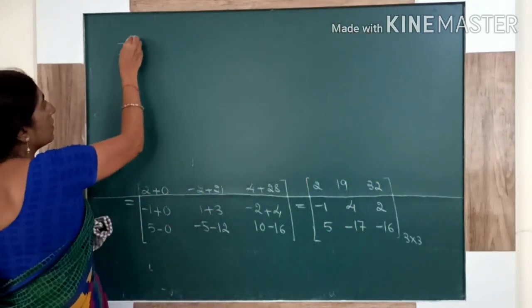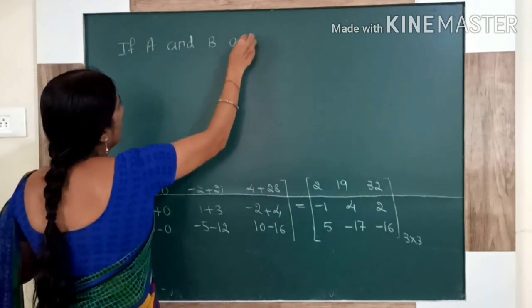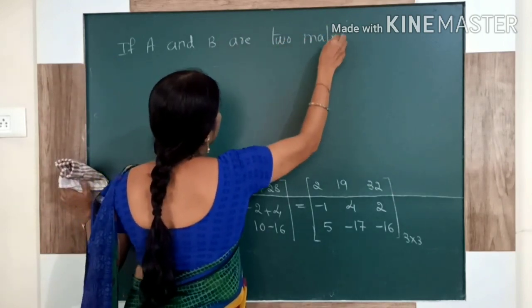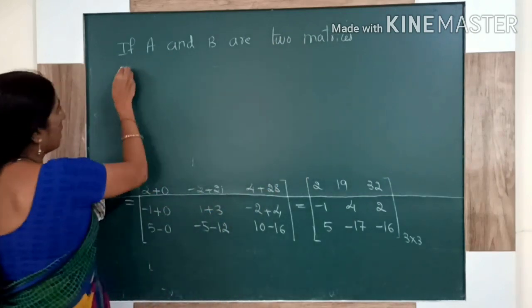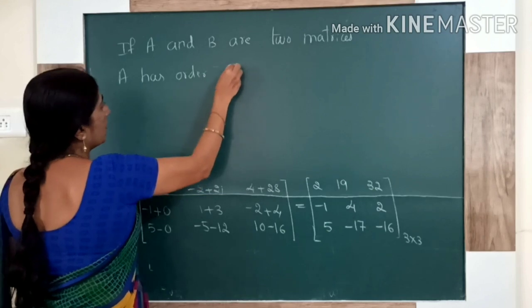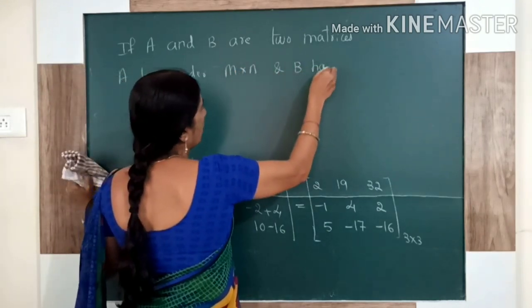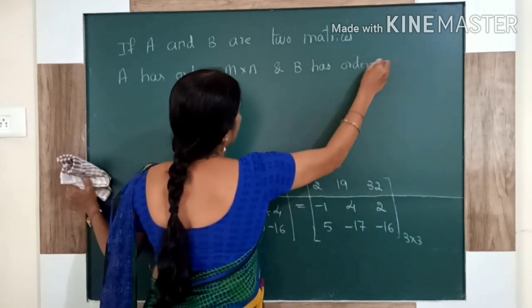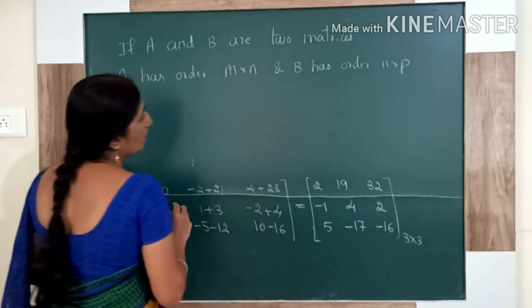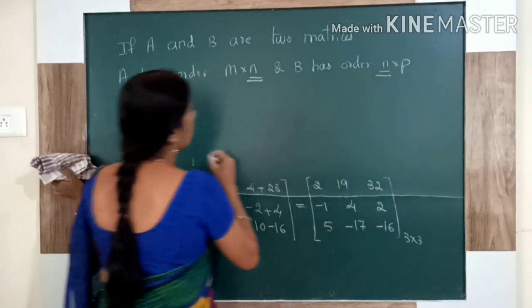If A and B are two matrices, A has order M by N and B has the order N by P. Take anything, N by P. But here the number of columns will be equal to the number of rows.